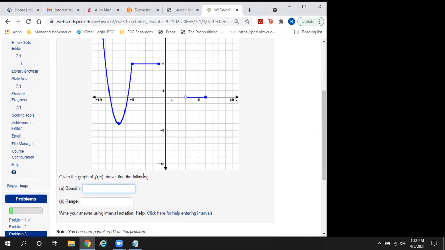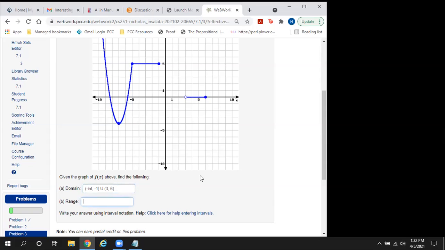Okay. -infinity and -1, both open, because, oh no, the -1's closed. Yep, you're right. Because here this dot is filled in. So we go -infinity all the way up to -1 closed, then 3 open to 6 closed. Yep, I agree. And then there's the other part of the domain from 3 to 6.